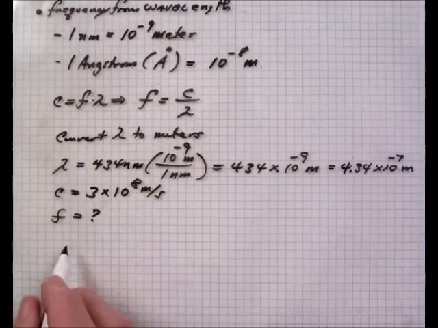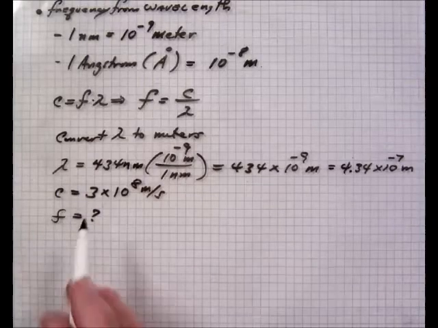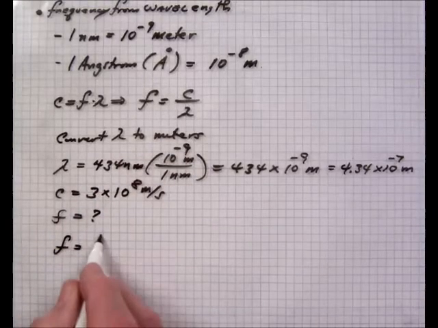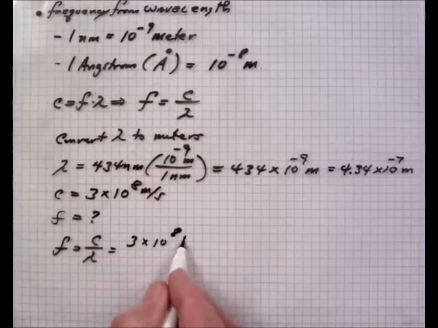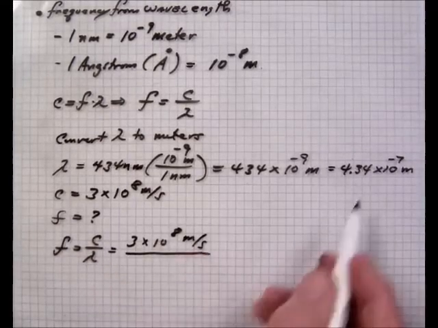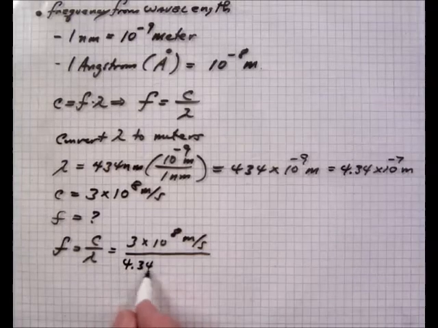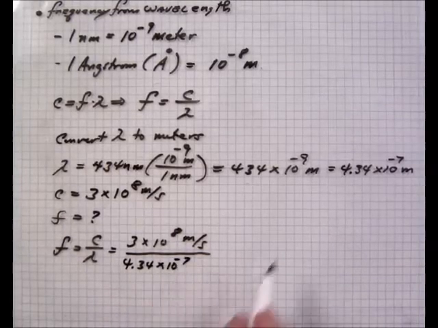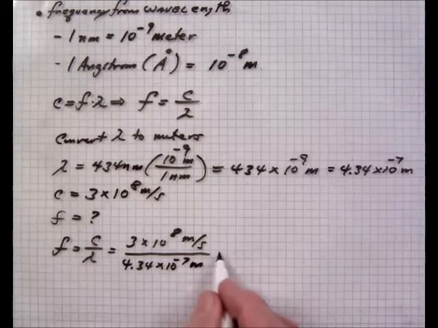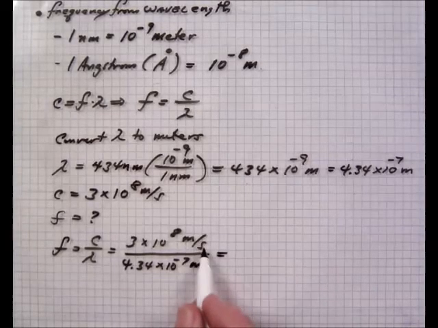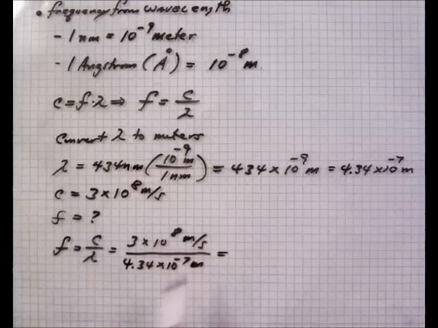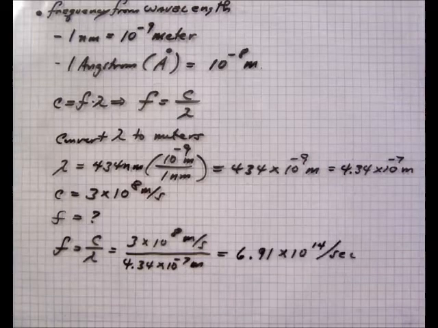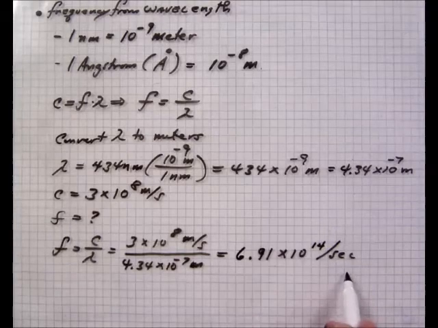Now we can take the equation F equals C over lambda and substitute the values: 3 times 10 to the 8th meters per second divided by a wavelength of 4.34 times 10 to the minus 7 meters. The units will be per second, interpreted as cycles per second, because meters cancel out. That comes out to 6.91 times 10 to the 14 cycles per second.